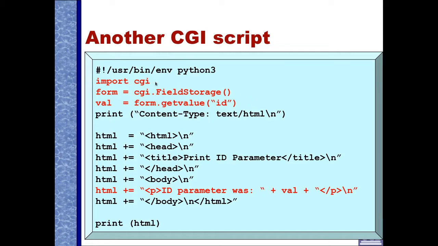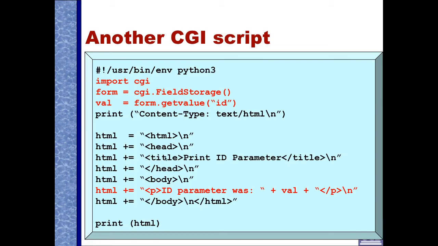I've added the import cgi. I've done a form = cgi.FieldStorage() to parse the information that was entered into the form. And then I've done a value = form.getvalue('ID'), because that was the name that we're assuming was used in the form to label this piece of data.